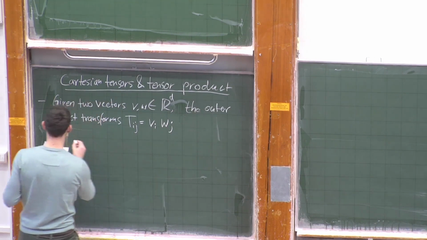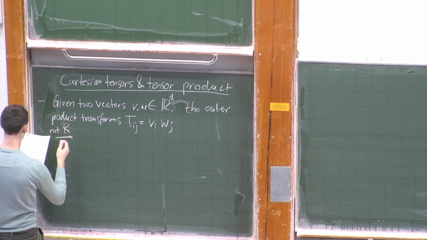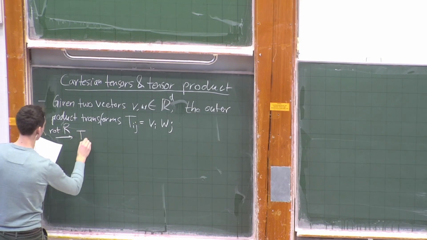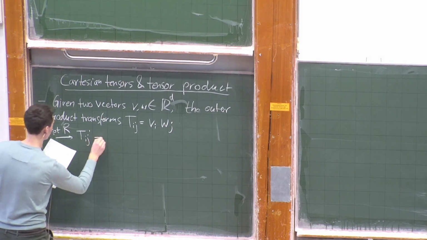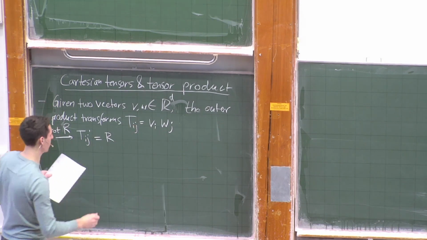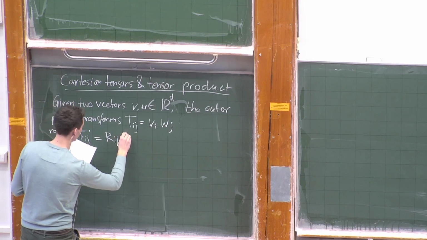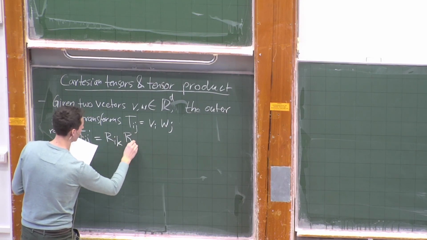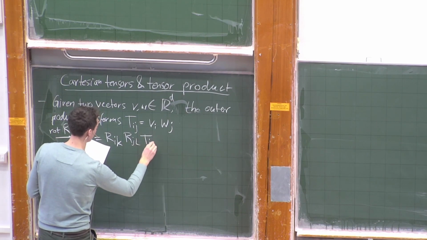And then if we apply a rotation, what we will get will be the transformed coordinates. Every vector itself transforms with the rotation matrix R. So we will get something like this: R_ik, R_jl of T_kl.